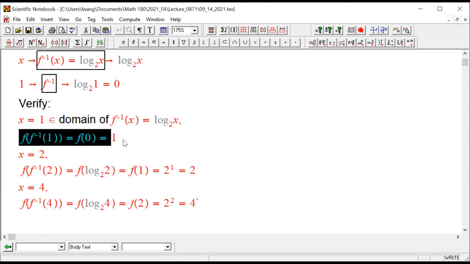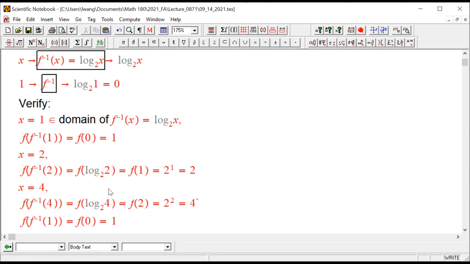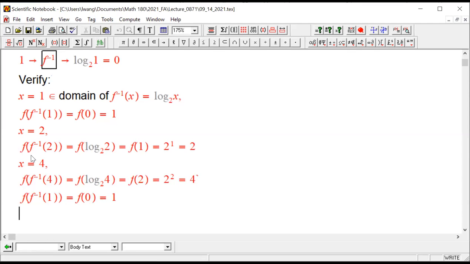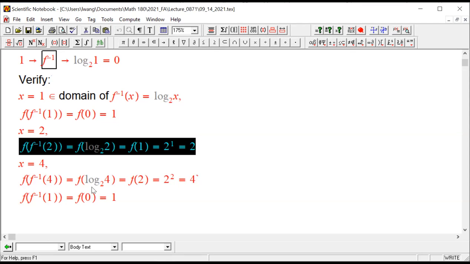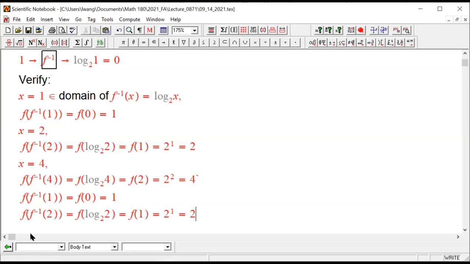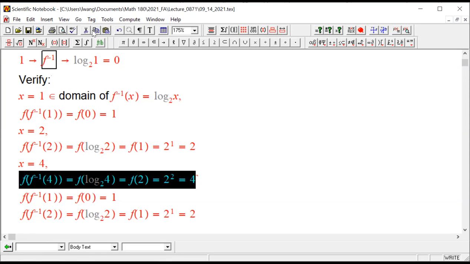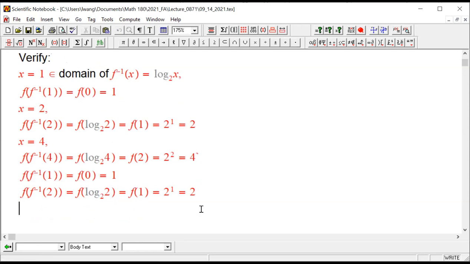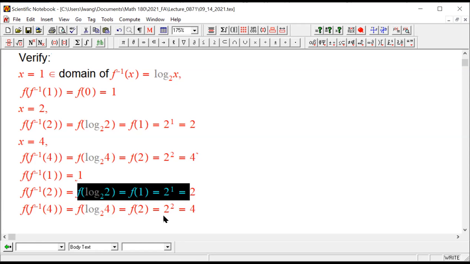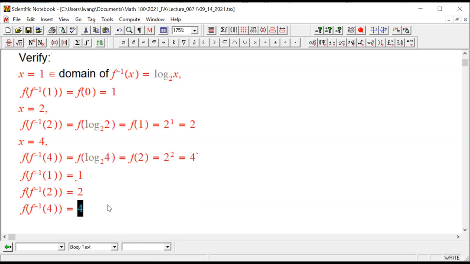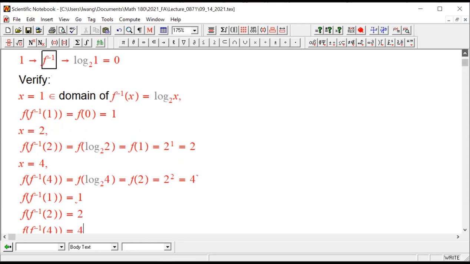So to summarize, we got that, and we got that, and we got the last one. Okay, I'm going to remove all the accessories.